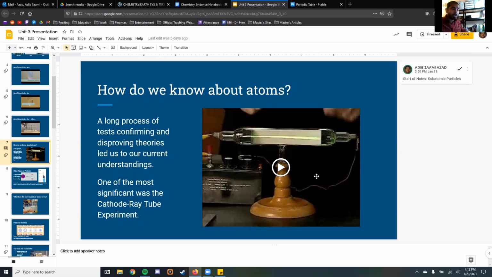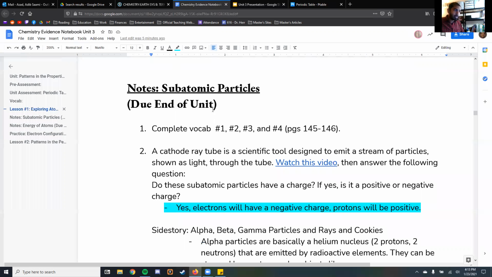If you take a magnet to it, that beam will either go up or down based on that magnet. If you take the positive end of the magnet and stick it to the beam here, the beam will be drawn towards the magnet. That tells us that this beam is negatively charged, which in turn tells us that electrons are negatively charged.